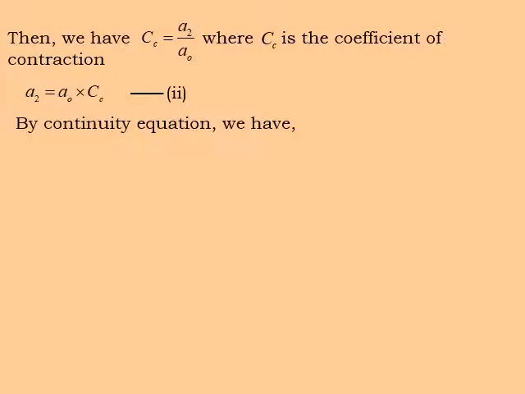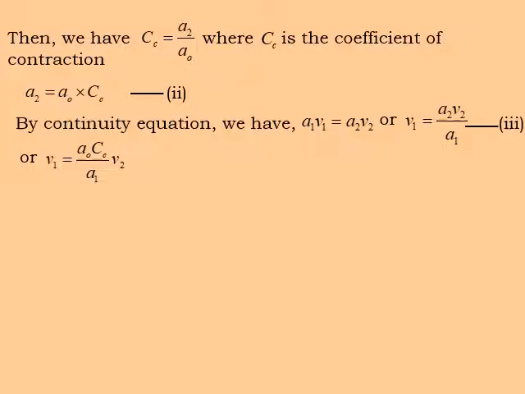By the continuity equation we have A1 V1 is equal to A2 V2, or V1 is equal to A2 V2 by A1. That is expression number 3, or V1 is equal to A0 into Cc by A1 multiplied with V2.